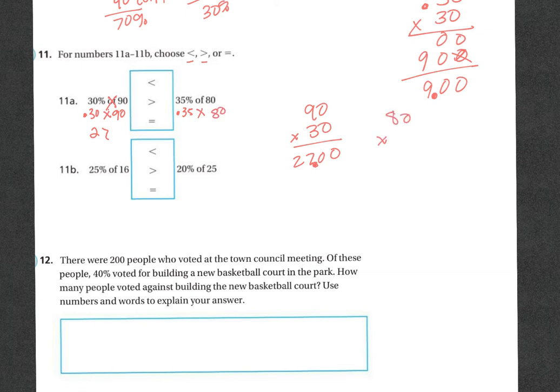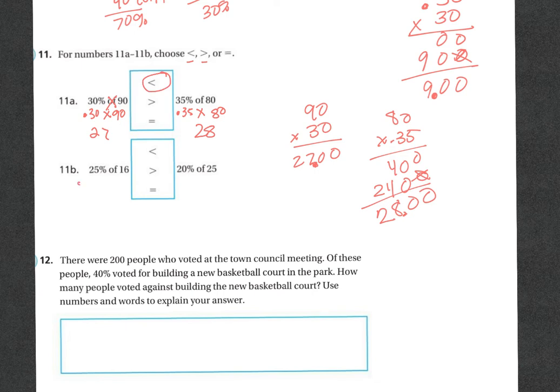So 80 times 0.35. 5 times 0 is 0. 5 times 8 is 40. Put my space saver. 3 times 0 is 0. 3 times 8 is 24. So we got 0, 0, 8, 2. And then I do my 2 decimals over. So this one's going to be 28. So this side's 27. This side's 28. So 28 is going to be greater. So we're going to lean to that side.